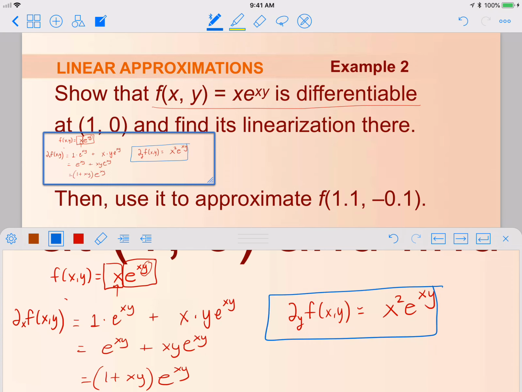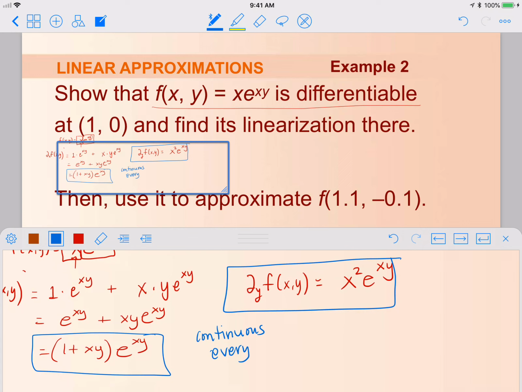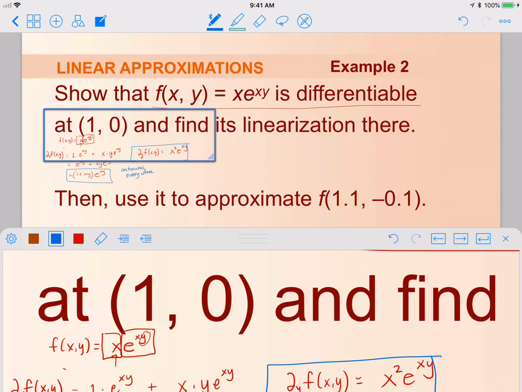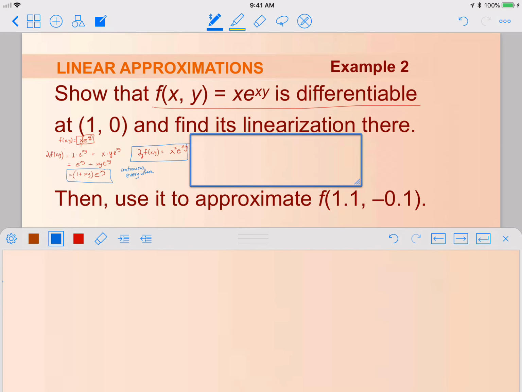Now these partials are continuous everywhere, right? We're not dividing by 0. They're continuous on their domain. So these partials are definitely continuous near 1, 0, and they're defined near 1, 0. So by theorem 8, f of x y is differentiable at 1, 0.